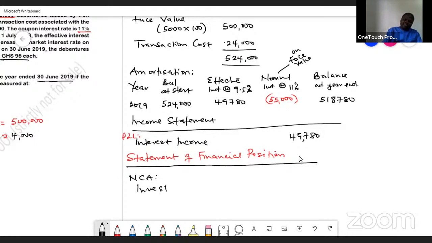So we write investments. The value is 518,780. That's all.